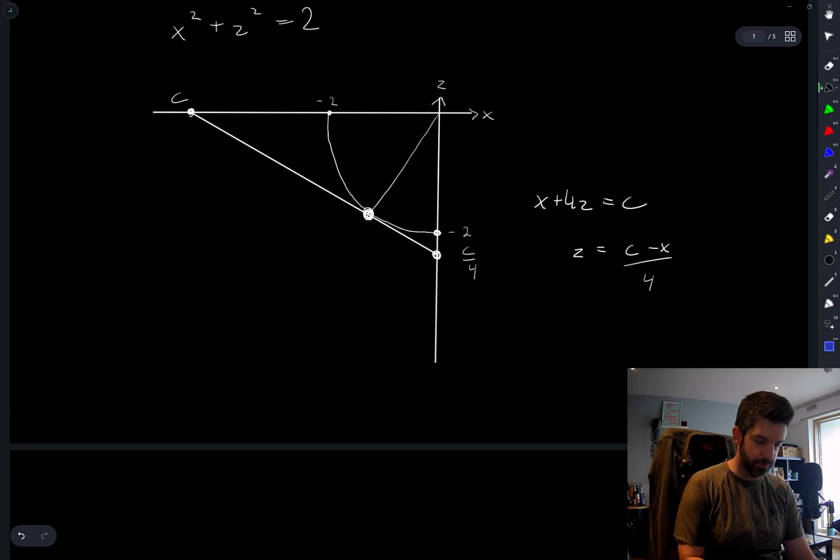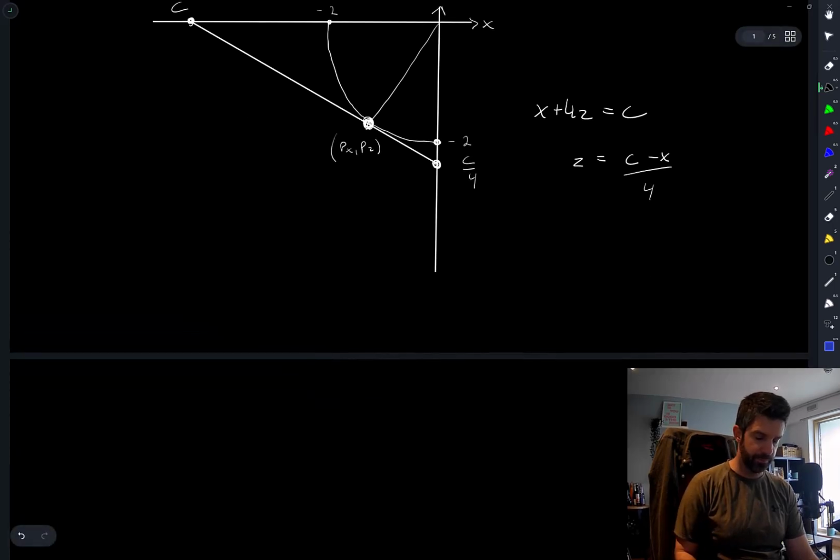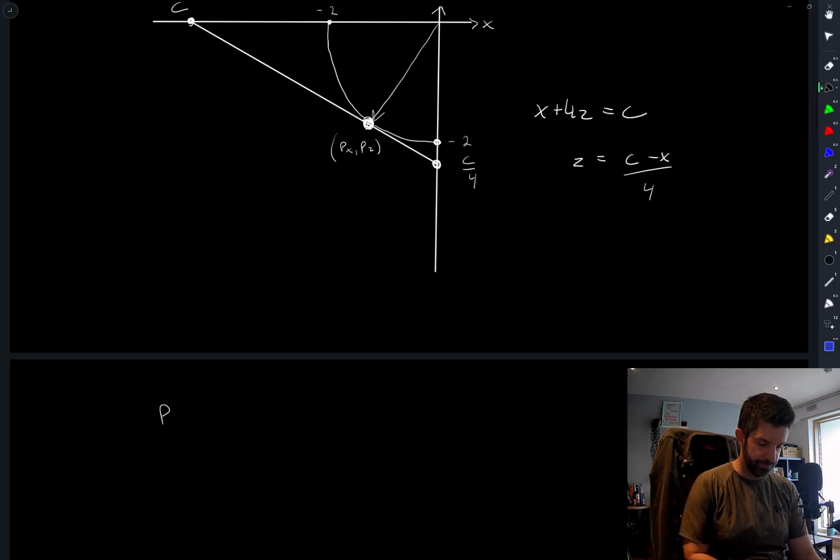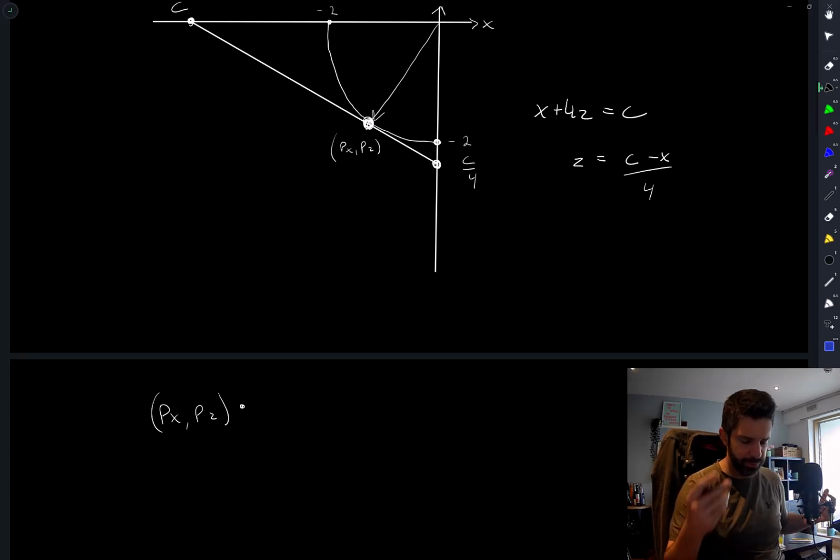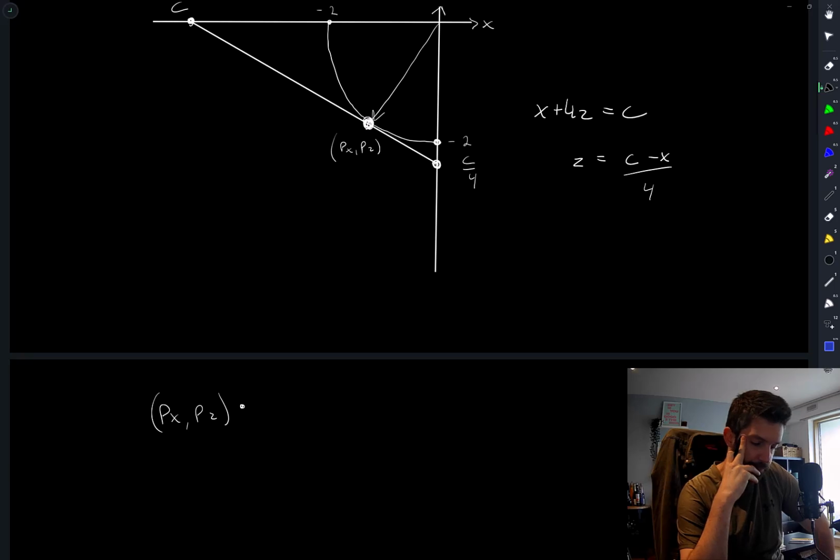I'm going to call this px, pz. Call that a vector. I mean, there's probably some kind of projection formula or something like that to get the magnitude of that vector.